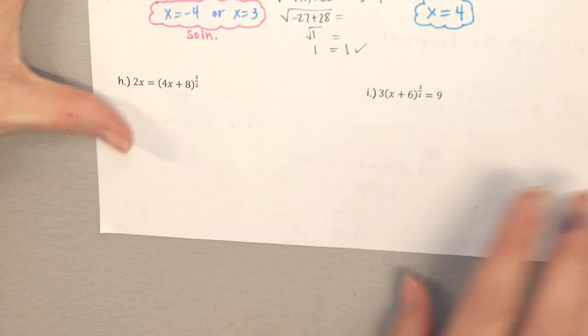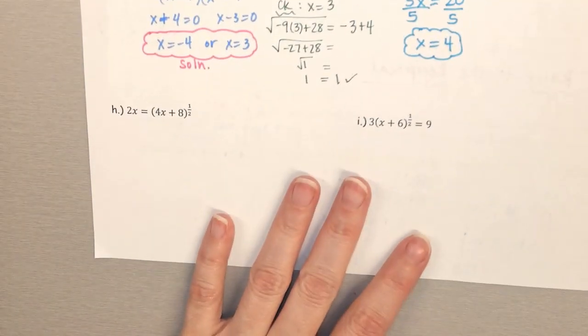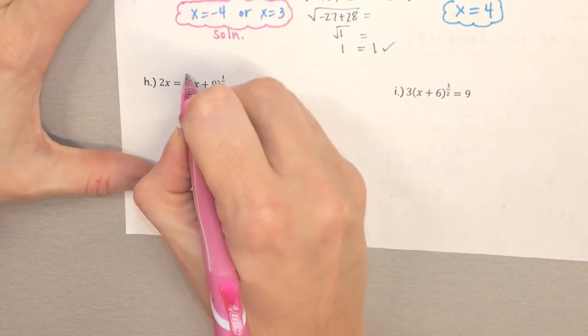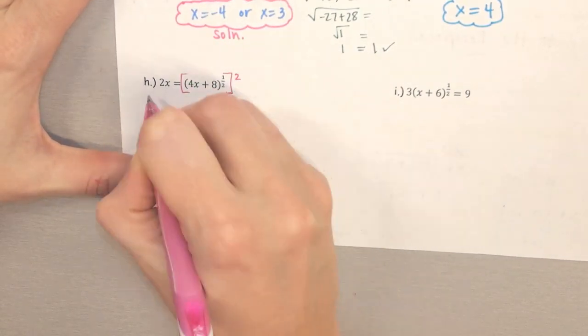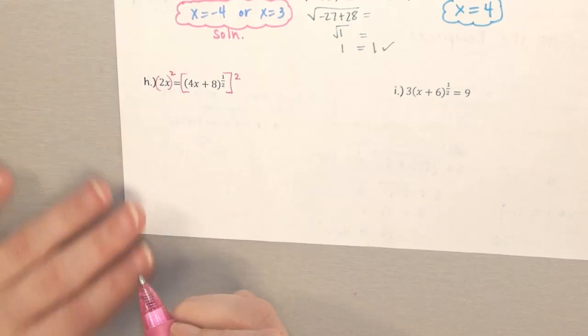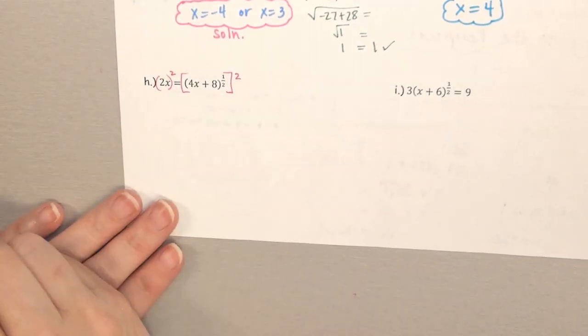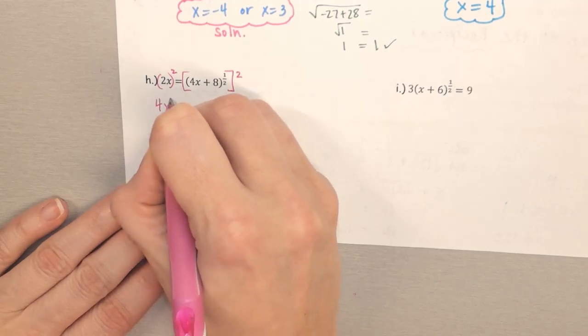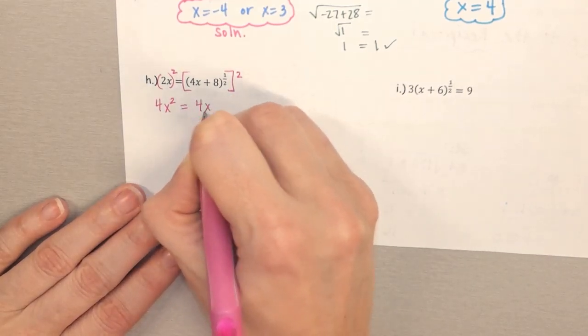Remember, one of the things I'm looking for is that you have your proper notation down. So if you have to the 1/2 power, each side should be to the power of 2. When you do 2x to the power of 2, you have to square the 2 and the x. So you should have 4x squared equals 4x plus 8.